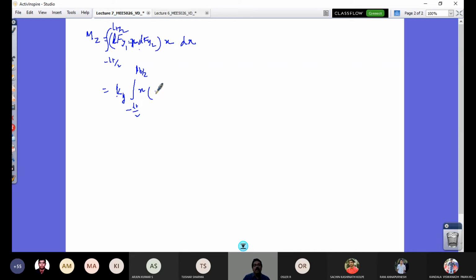So ky is taken out, so it's going to be y minus lr square d squared y by dx squared into dx. So this is what is going to give me the self-aligning torque. I can call this entire thing Mz, which is integral dMz. So I have written this expression for dMz here, right?